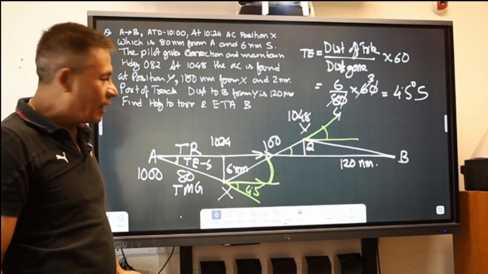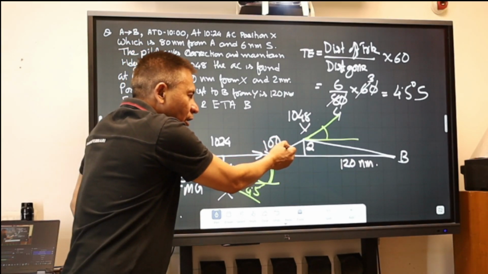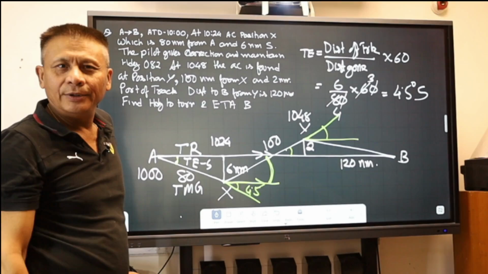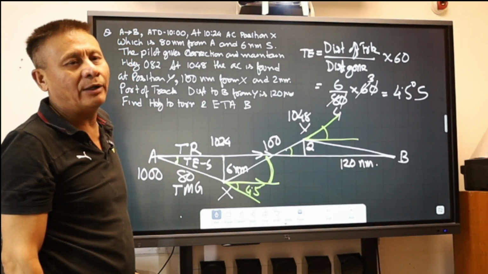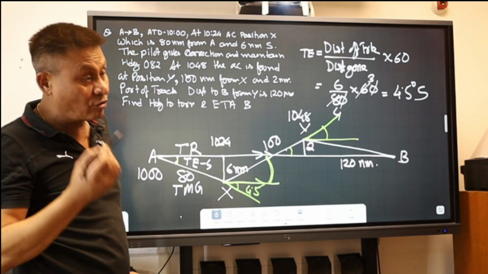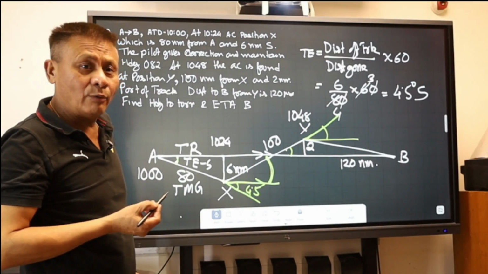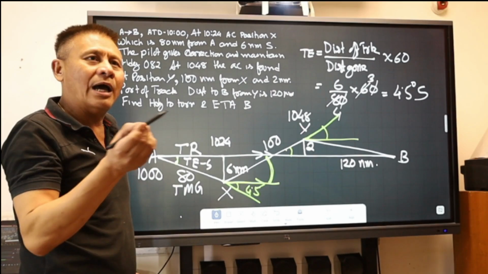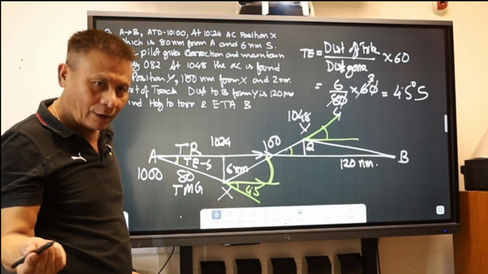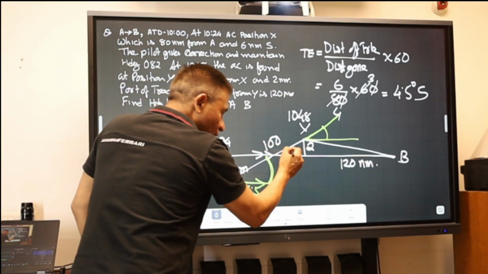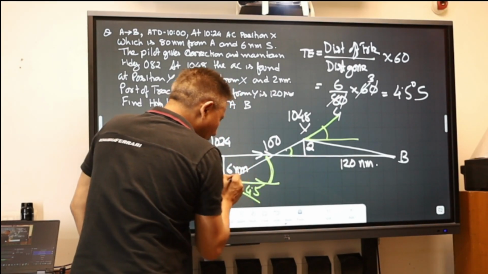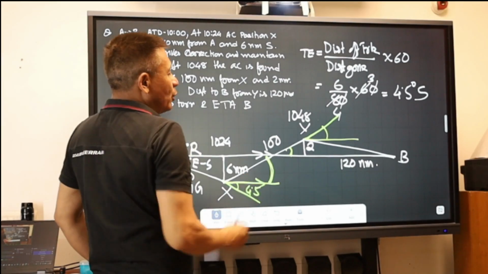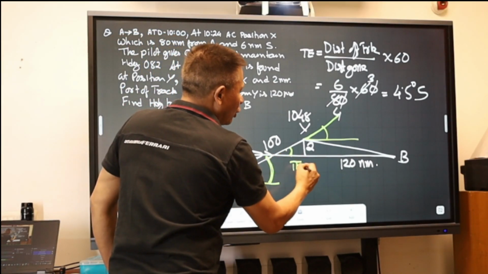Now in this case, this is the angular difference between the track made good and the track required, which we call the track error, and the track error will be assigned as port or starboard depending upon whether the track made good lies to the port or starboard of the track required. Since the track made good is to the port, this particular track error is going to be to the port.